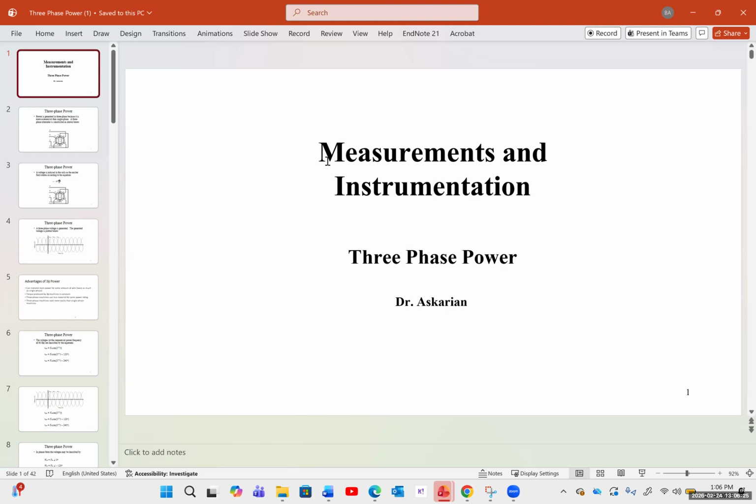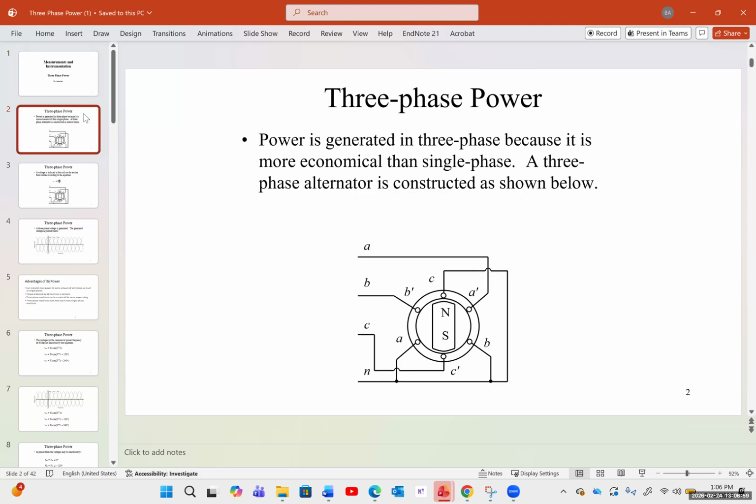The relation between power in a three-phase delta connection and a three-phase Y connection. What are the differences between their phase power and their torque? And finally, if we have time, how we calculate the three-phase apparent power using the line voltage and current and phase voltage and current as well. So without further ado, let's start with it.